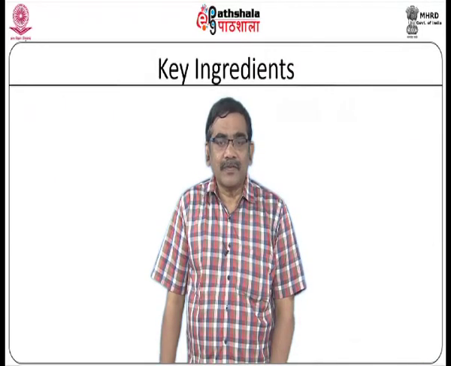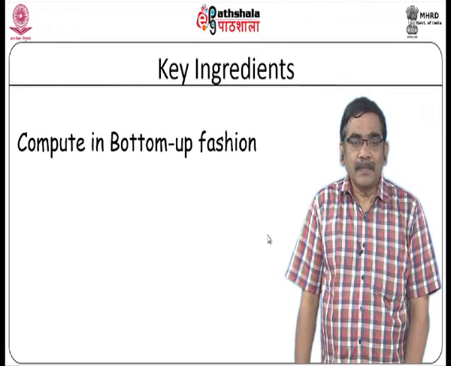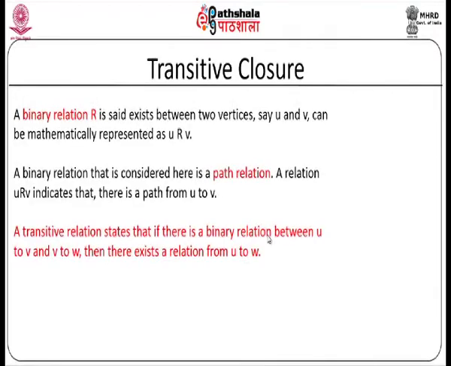This sort of table oriented approach is a characteristic of any dynamic programming approach. This approach is what we call the bottom up fashion, because we are going from the smaller instances to the larger instances.